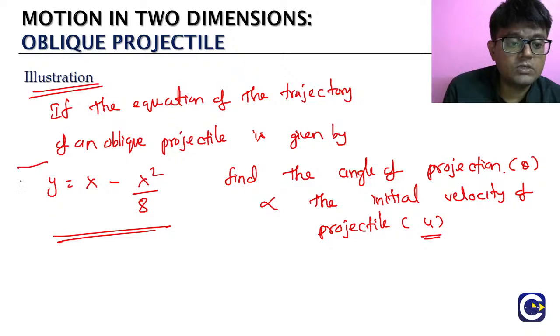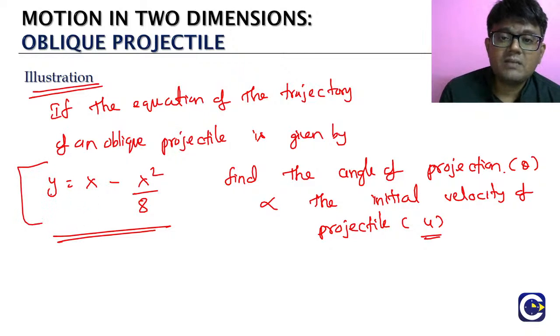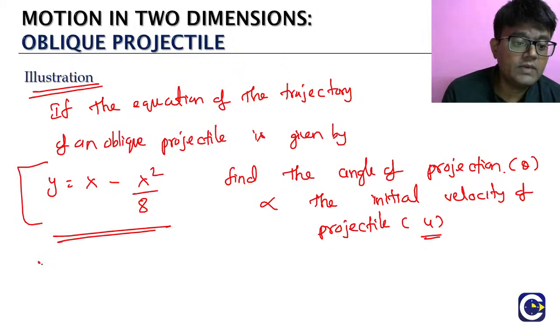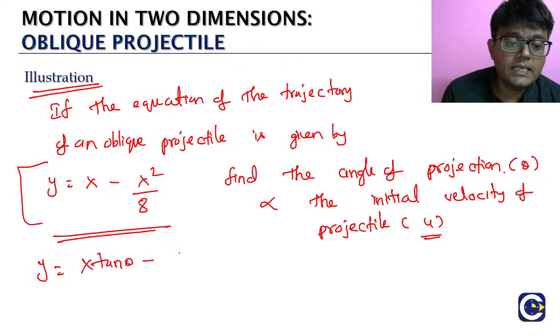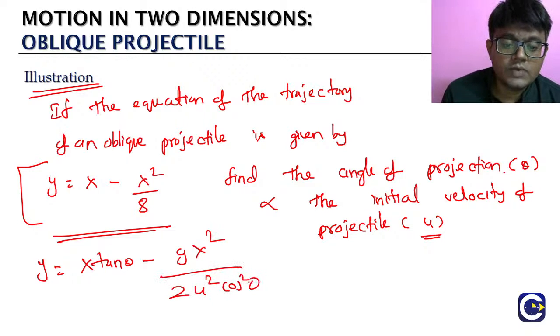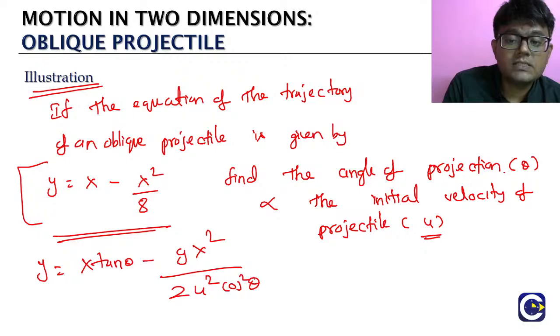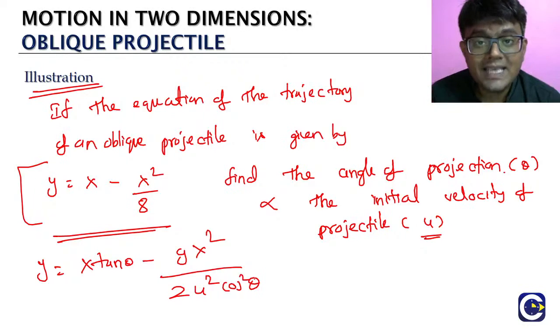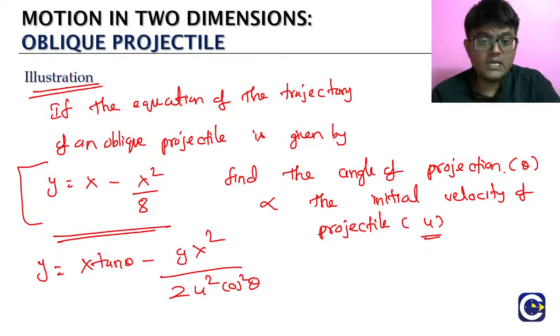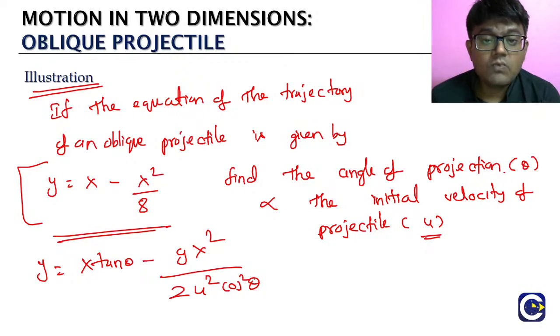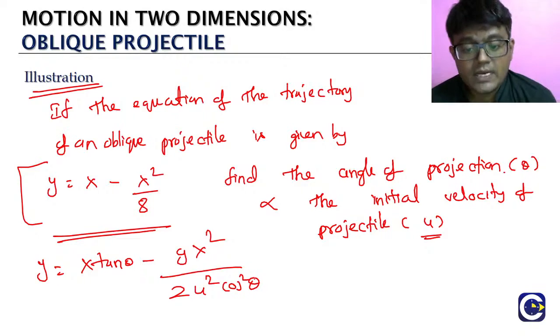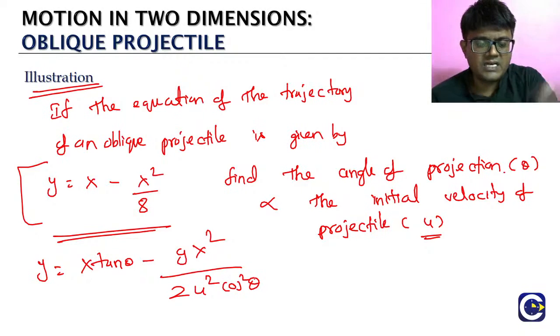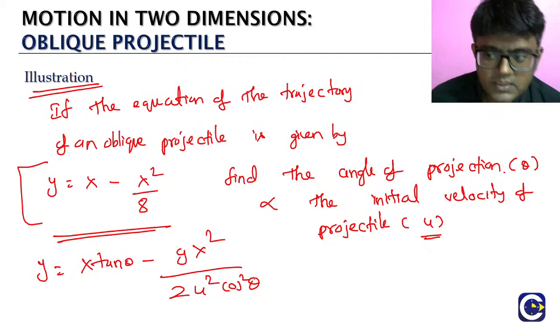How do we solve this question? We just compare it as it is with the standard equation, y is equal to x tan theta minus gx square by 2u square cos square theta, which we solved earlier. If we compare them, we are going to get the required values.